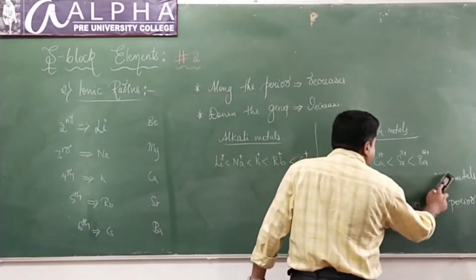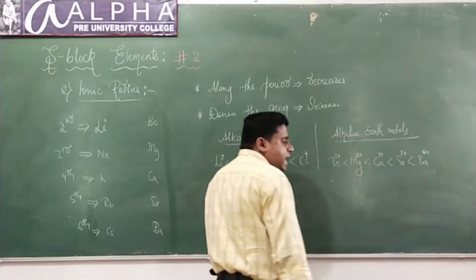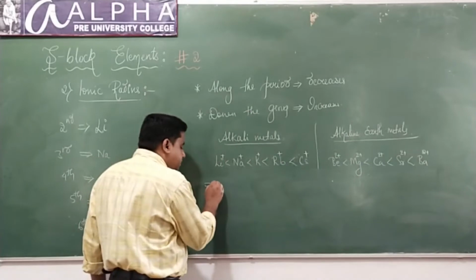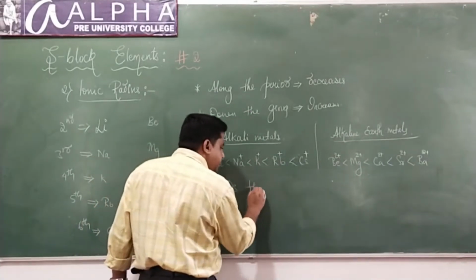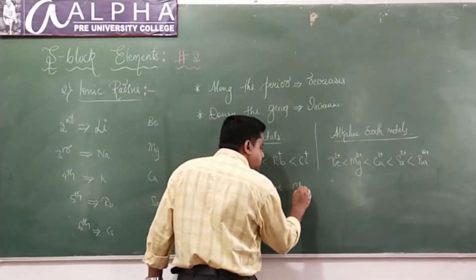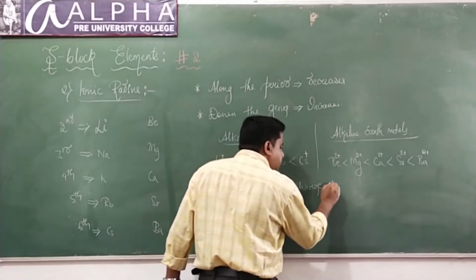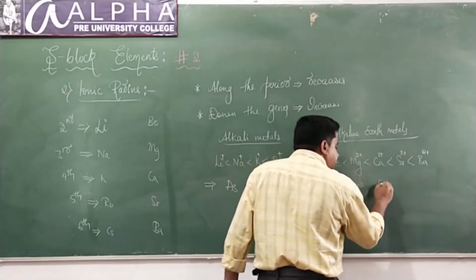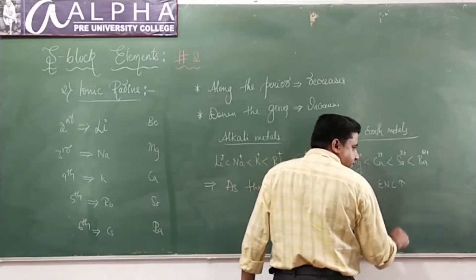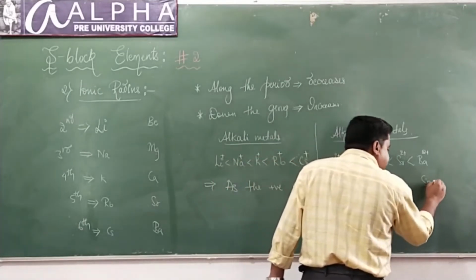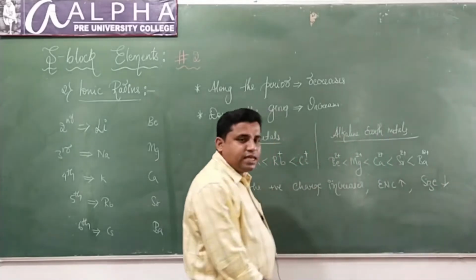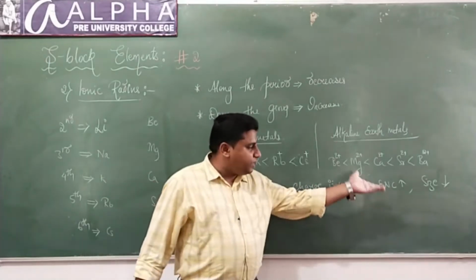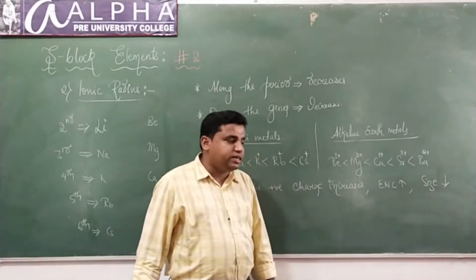As the positive charge increases, we know this, we have studied this in the periodic table also, effective nuclear charge increases and size decreases, isn't it? Say yes or no? As the positive charge increases, effective nuclear charge increases and size decreases.